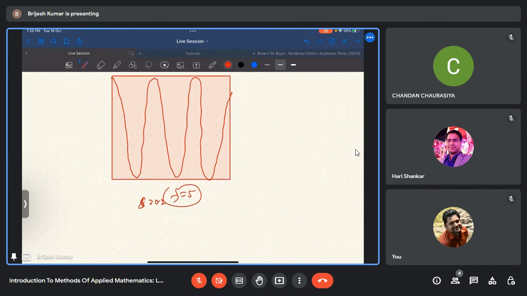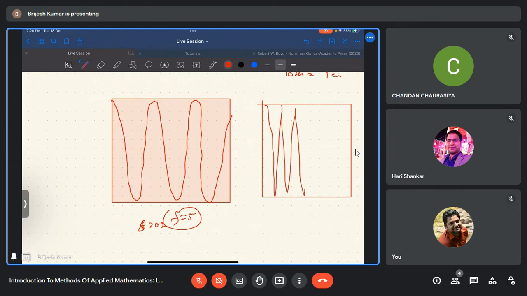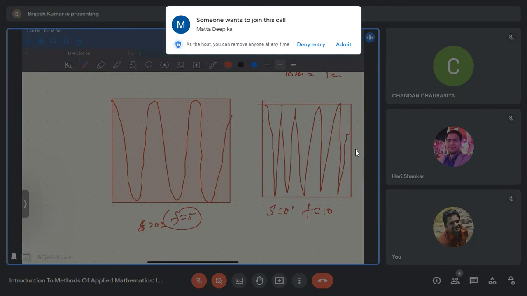Another signal has greater frequency, when f is equal to 10 and s is equal to 0.1.